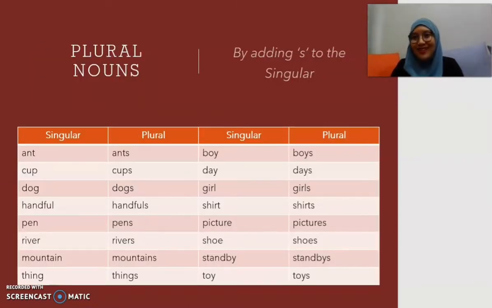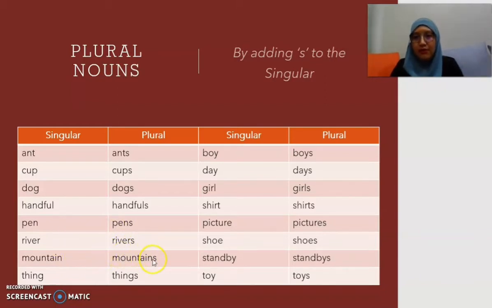Some plural nouns are very easy to form. You just add an S to the singular form. For example, ant becomes ants. Cup becomes cups. Dog becomes dogs. Handful becomes handfuls. Pen, pens. River, rivers.